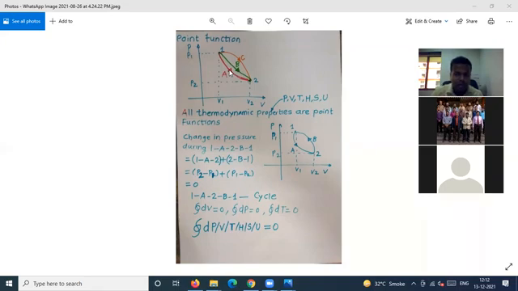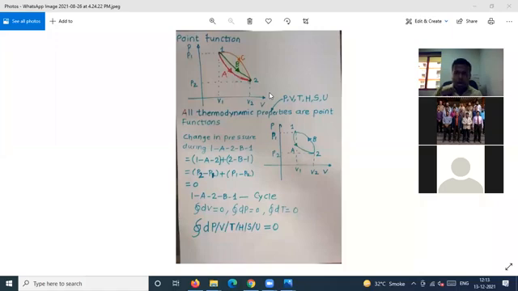So the work done during 1C2 is greater than during 1B2, which is greater than the work done during 1A2. In every case we are getting a different value of work done.